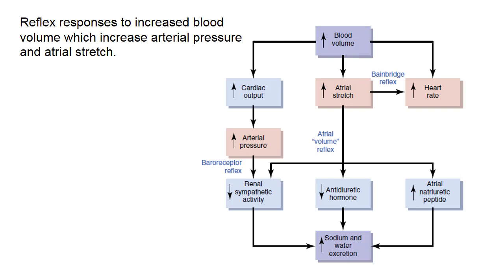And the other thing is that atrial stretch produces a reflex in the heart named the Bainbridge reflex. During stimulation of the Bainbridge reflex, the heart rate is going to be increased. So all of these factors regulate increased blood volume by excretion of sodium and water, and also by increasing heart rate and cardiac output.